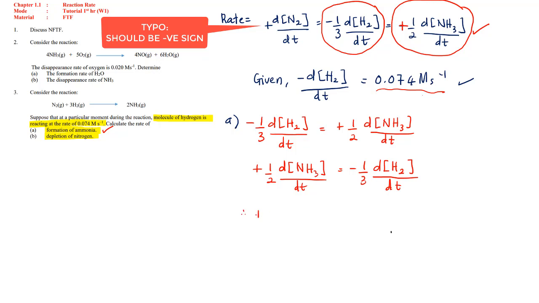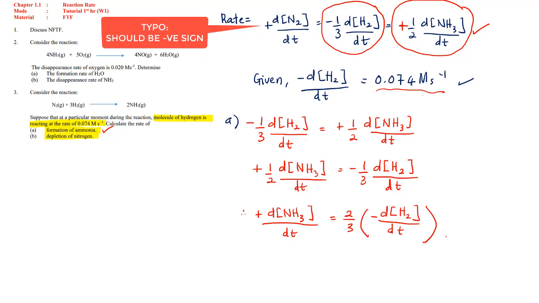But actually you are going to determine the rate of formation of ammonia. Bila soalan kata calculate the rate of formation ke rate of disappearance ke, maksudnya tanpa stoichiometric coefficient daripada equation. Okay, so the rate of formation of ammonia is 2 over 3 times the rate of disappearance of hydrogen gas.